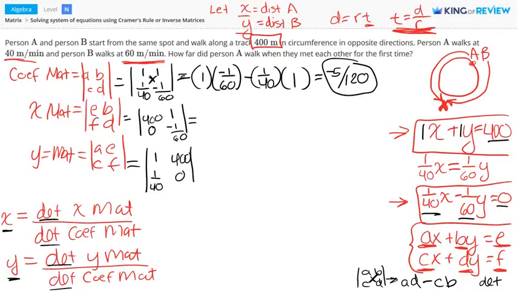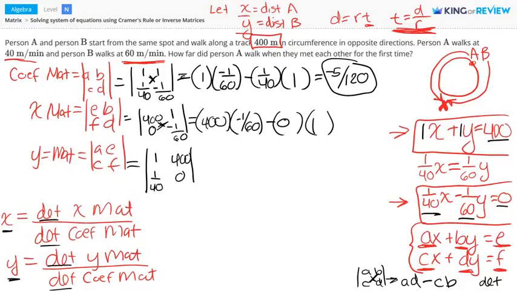Now let's find the determinant of the x matrix. Well, we take the product of the main diagonal, 400 times negative 1 over 60, and then we subtract the product of the entries in the other diagonal, so 0 times 1. So when we work this out, we get negative 20 over 3. And now for the determinant of the y matrix.